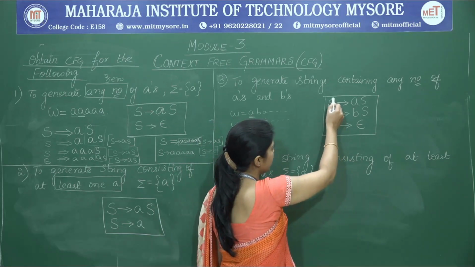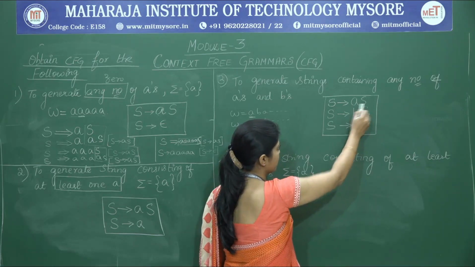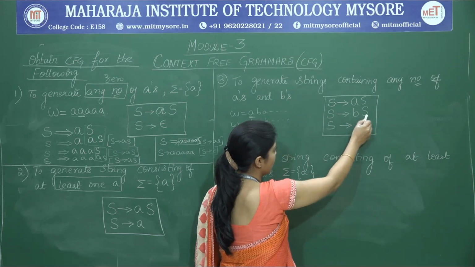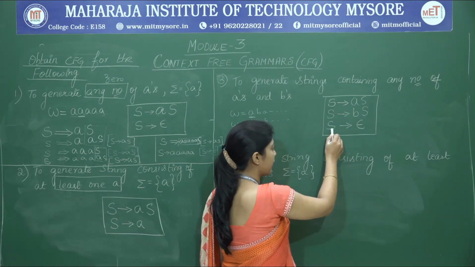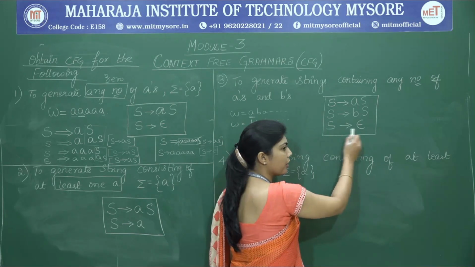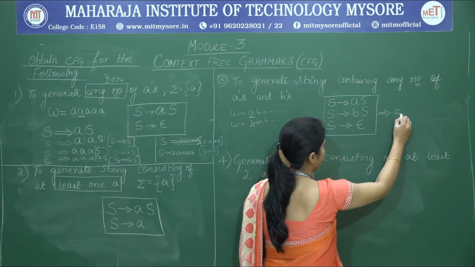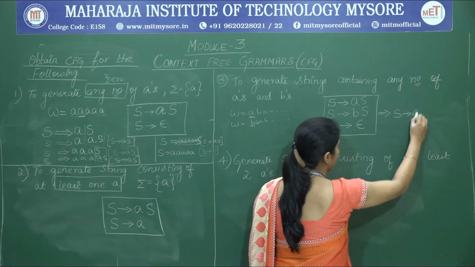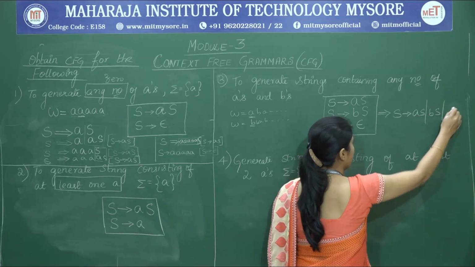So since we see that the same variable is used to define the first rule, the same variable is used to define the second rule, and the same variable is also used to define the third rule. Therefore, this could also be written as S goes to AS or BS or epsilon.